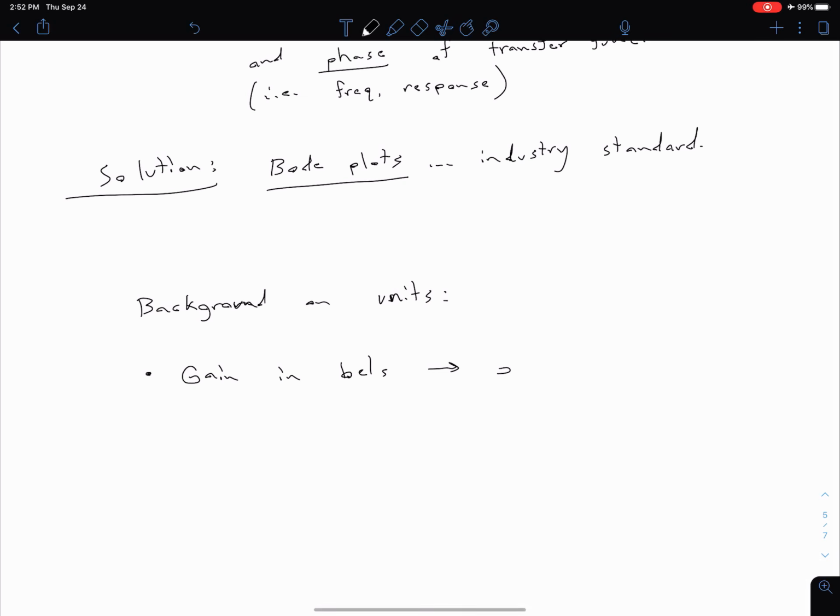So our gain in bels is defined as G sub B equals log base 10 of P2 divided by P1. And so P2 in this case is our output power, and P1 is our input power.